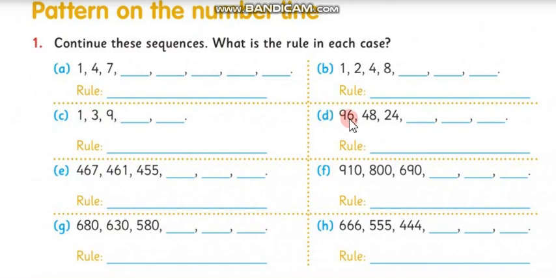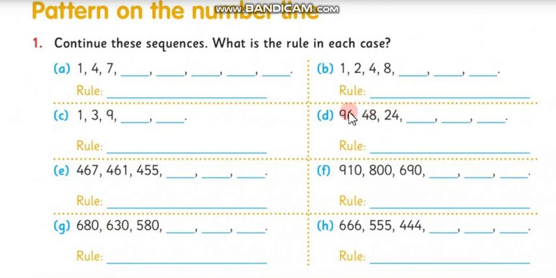In D, here we have 96, our next number is 48, and our next number is 24. Now, what is the difference between 96 and 48? Is it a repeating pattern of subtraction, because 48 is less than 96?